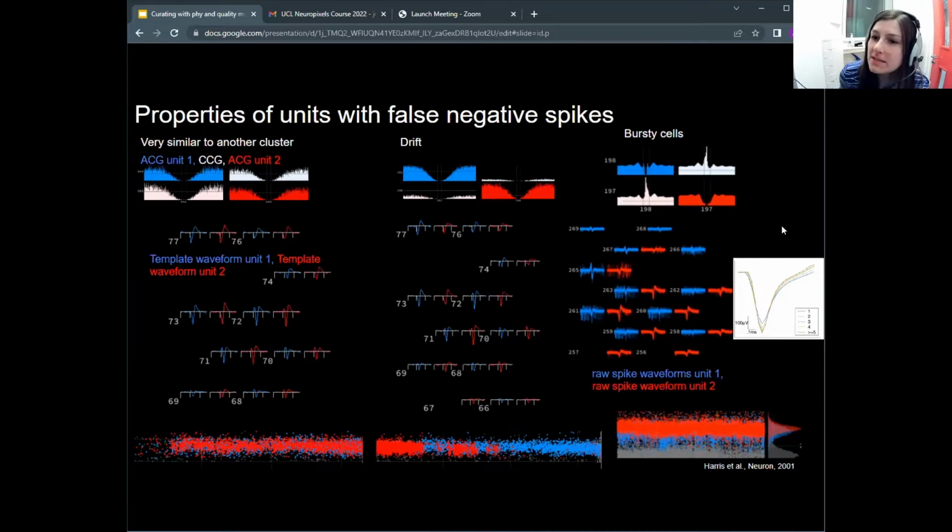Some of the properties that you would typically see in this case are cross-correlograms where one unit seems to come just after the other. So one unit will spike right after the first unit's spikes, which is consistent with a burst. The waveforms would be quite similar, but one of the units' waveforms would have a smaller amplitude.